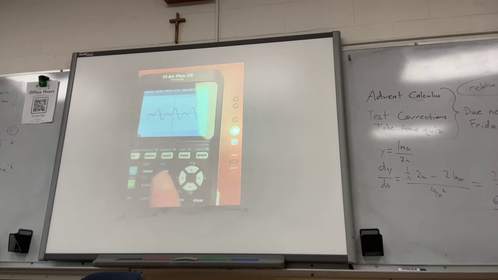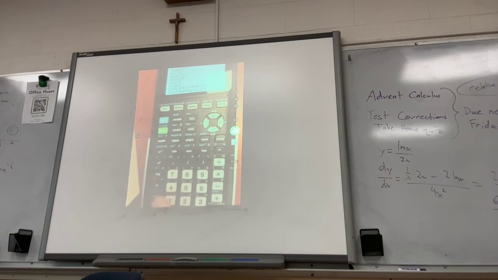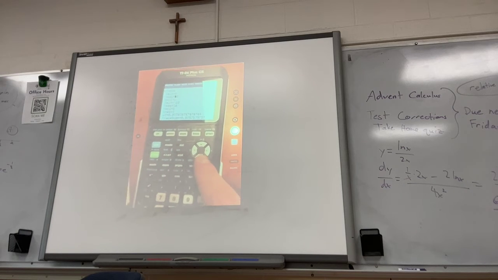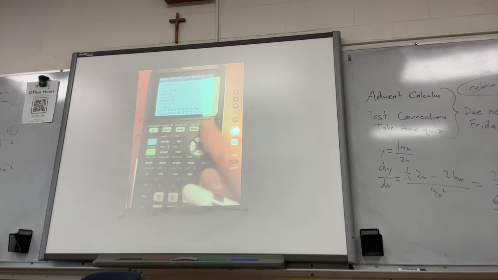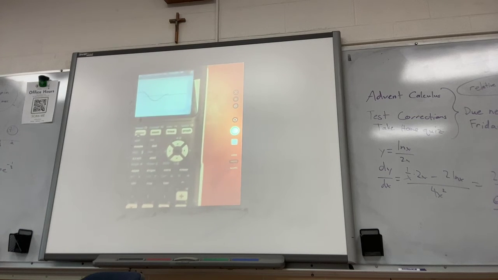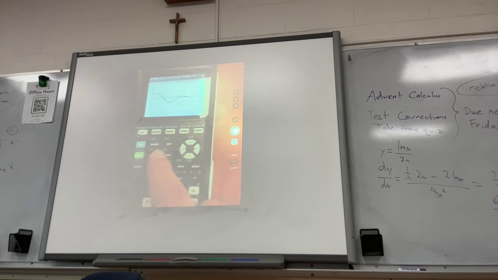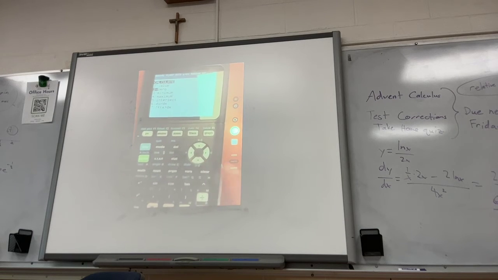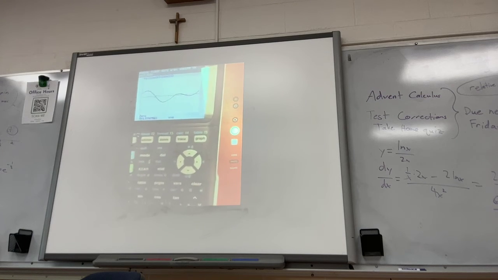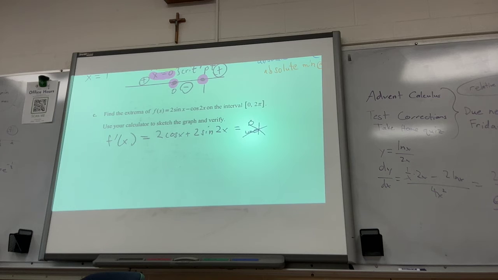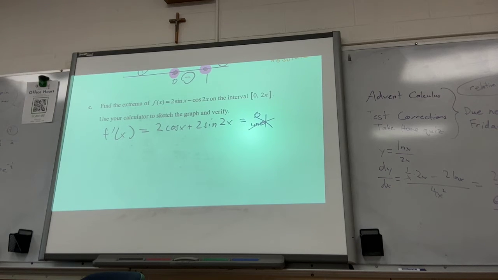All right, so we can go to window. I'll make my x min 0 and my x max 2 pi. There you go, we just need those 4. That's pi over 2, so pi over 2 is a critical point.